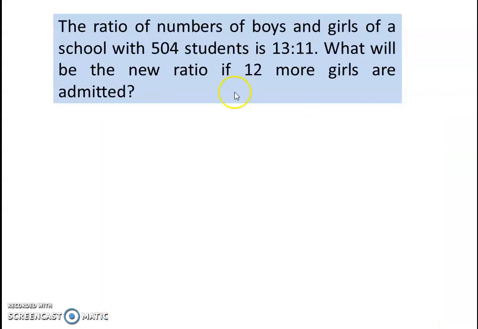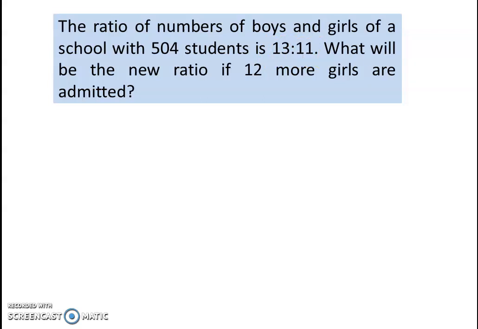Now the next question is the ratio of numbers of boys and girls of a school with 504 students is 13:11. What will be the new ratio if 12 more girls are admitted? Now total number of students are given, that is 504, and ratio of boys and girl is 13:11.